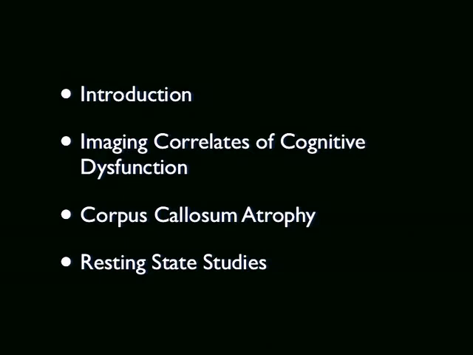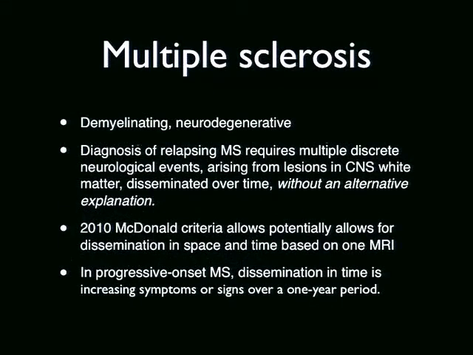And then I'll bridge into some of the work that's been done looking specifically at corpus callosal atrophy in multiple sclerosis, and then resting state functional connectivity studies in MS, of which there are a few, as well as work that we're doing.